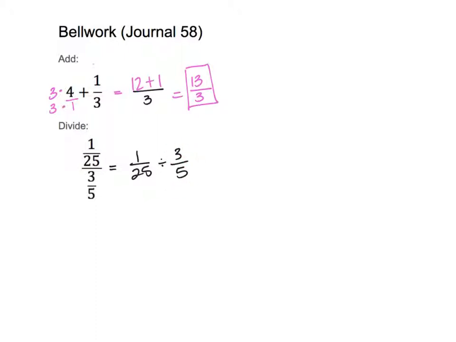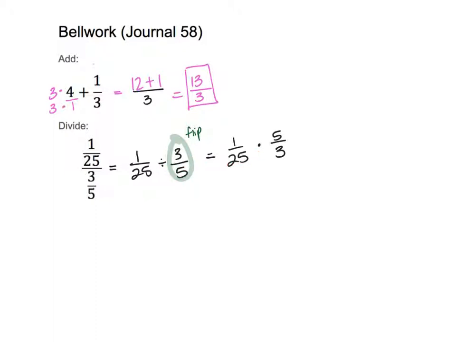Well, if you remember, it actually flips. So we take the second fraction and we flip it because that allows us to divide, right? So we keep the first fraction the same, we flip the second one, and then we multiply straight across. So that division sign becomes a multiplication sign.